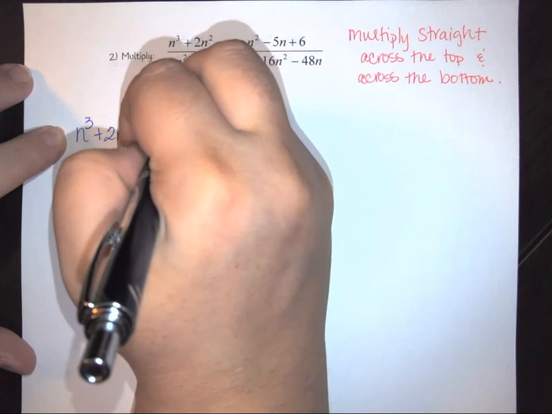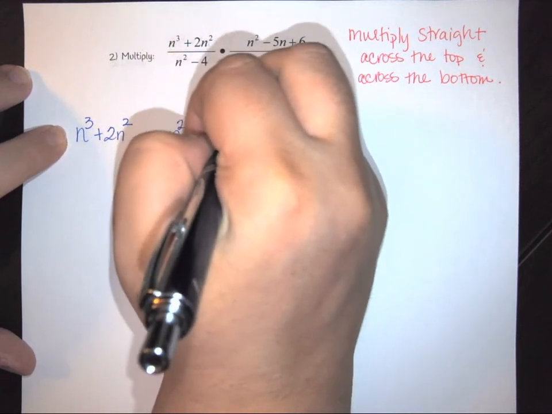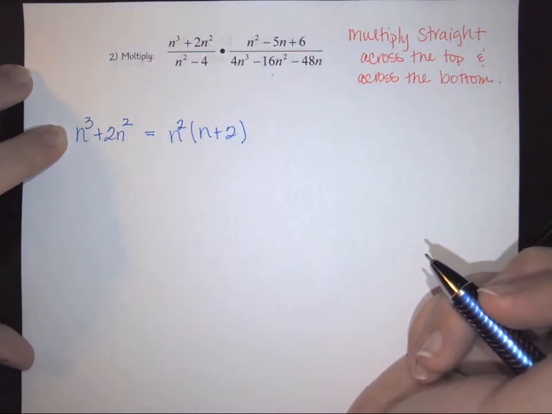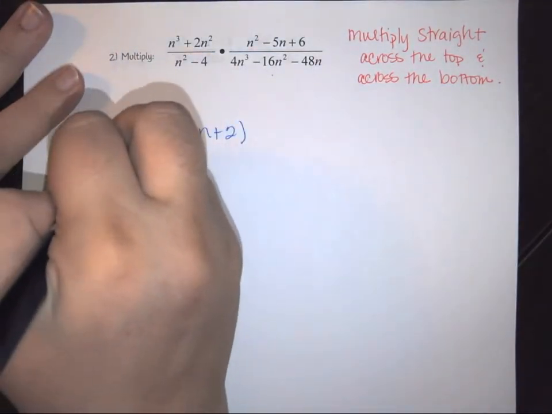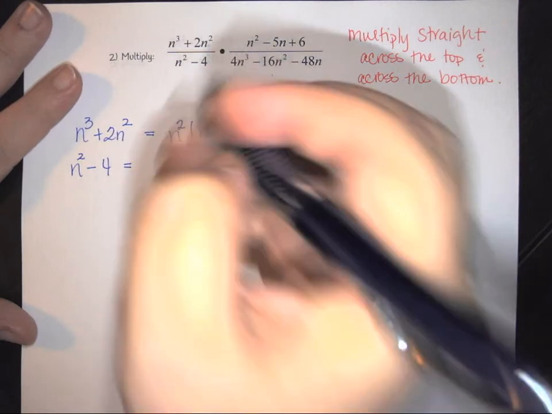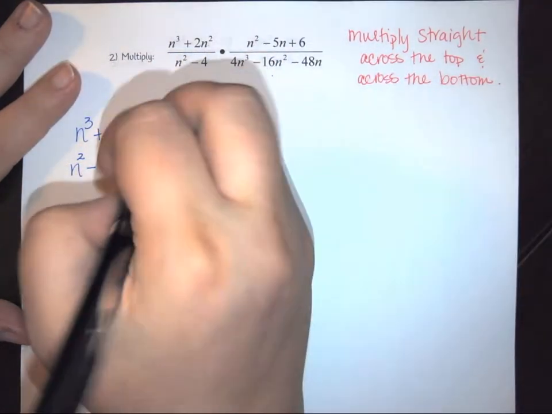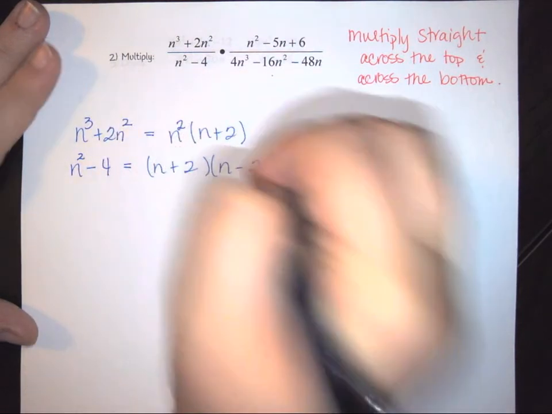So when I pull out n squared, I am left with n plus 2 behind. Underneath it, I have n squared minus 4. So here I can factor this into its pieces, which is going to be n plus 2 and n minus 2.